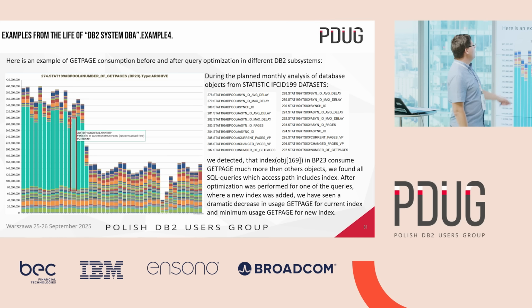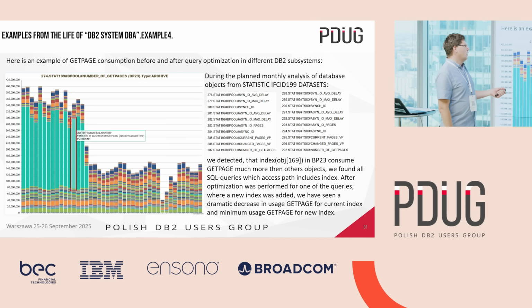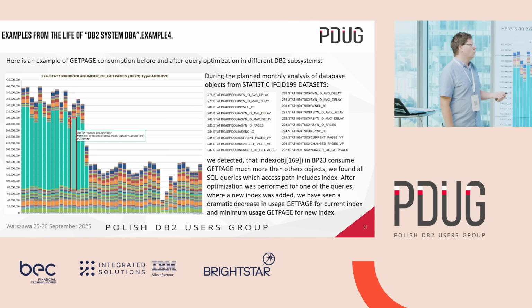Here is an example of get page consumption before and after query optimization in different DB2 subsystems. In a quarter, or maybe half a year, we analyze database objects from Statistic-account 199.